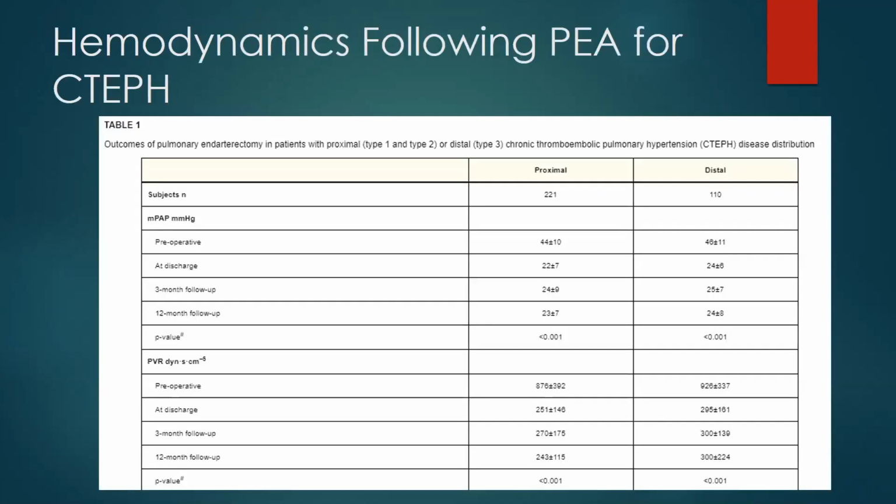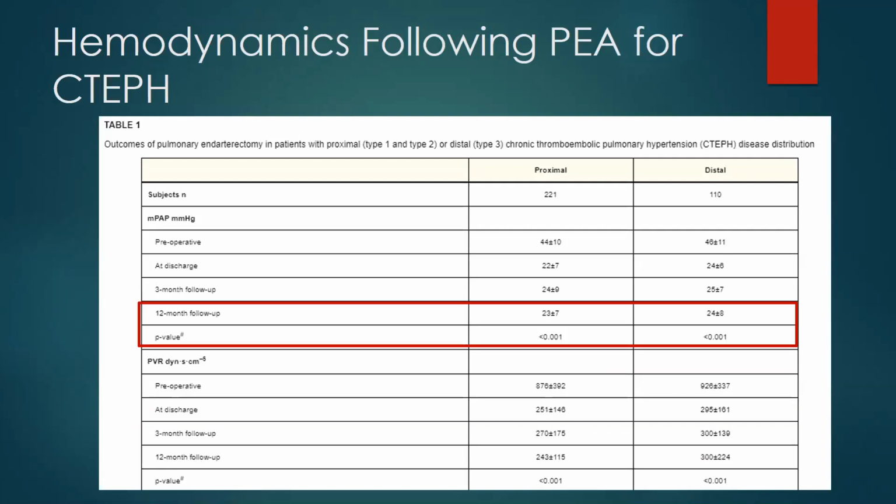And that's really why you want to send them. We have good data to show that 12 months out, both their mean PA pressures and their PVR are down a lot. The PVR improvement is usually a fall of about 65%.